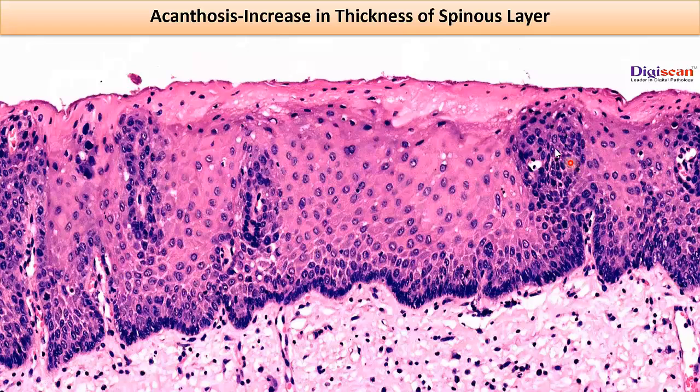Here we see that there is increase in the thickness of the spinous layer predominantly. Again, we are seeing very good polarization of the nuclei. There is maturation of the cells which have a particular arrangement. This is called polarization of epithelium.